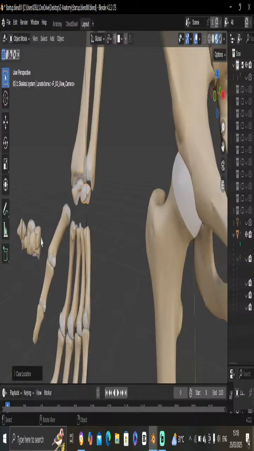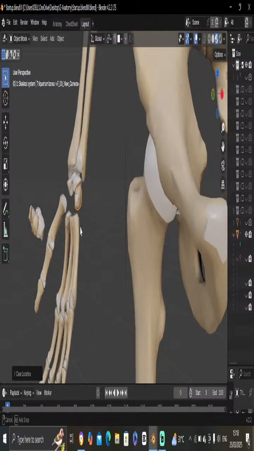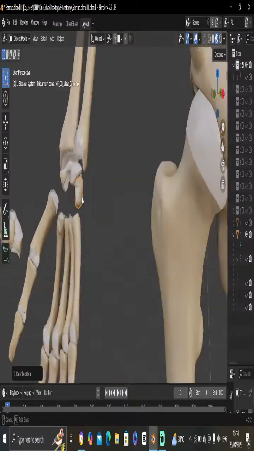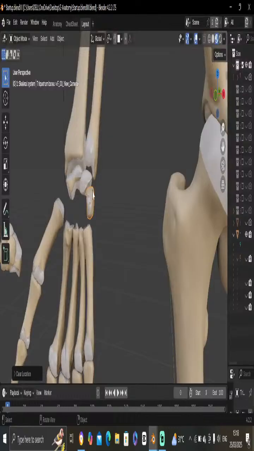After that, we have the triquetrum. Let me bring the triquetrum back to the anatomical position. This is the triquetrum. It attaches to the lunate, and it can also form a little part of the radiocarpal joint, especially when there is ulnar deviation of the palm. That is, when the palm moves sideways like this, the triquetrum contacts with the radius.